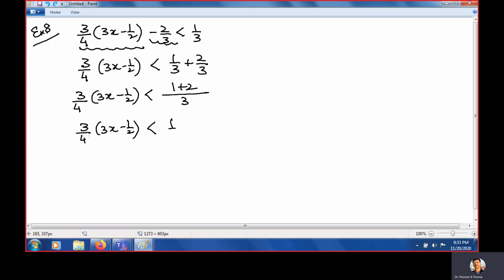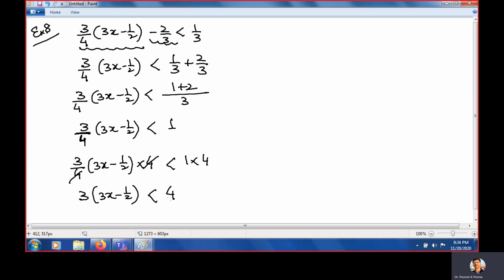Okay, so if you see here is divide by 4. So what can we do? Multiply by 4: 3 by 4, 3x minus 1 upon 2, multiplied by 4, less than 1 times 4. Now this 4 is cancelled by 4. So how much do we get? 3 into 3x minus 1 upon 2, less than 4.